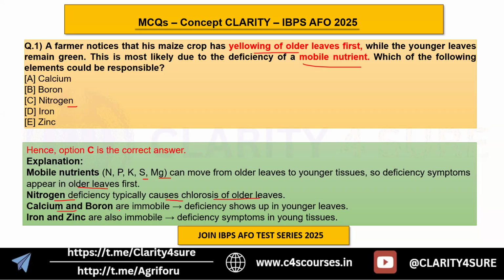Calcium and boron, which are immobile nutrients, generally show deficiency in the younger leaves. Again, iron and zinc, which are immobile nutrients, show symptoms on the young tissues as well.